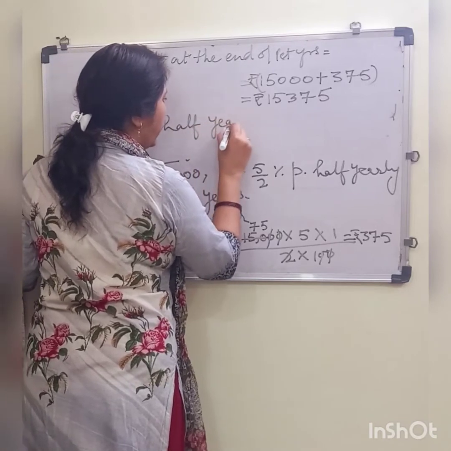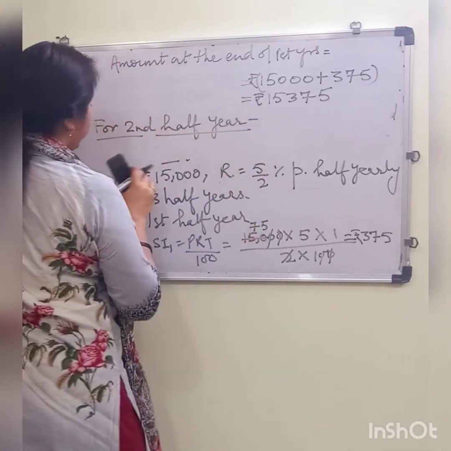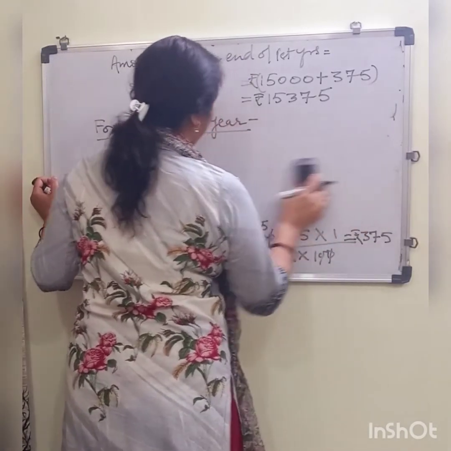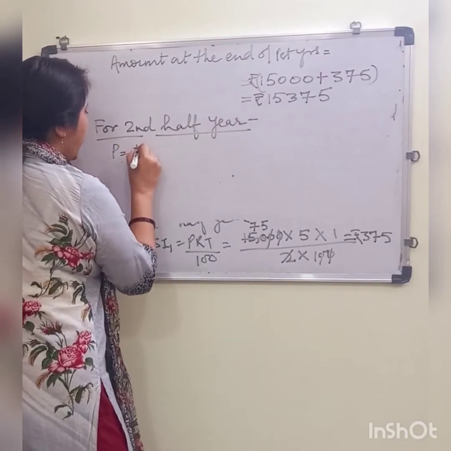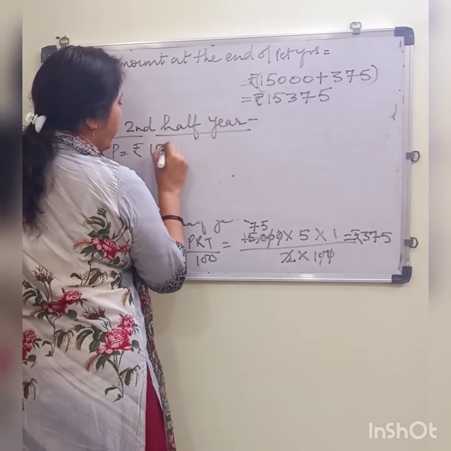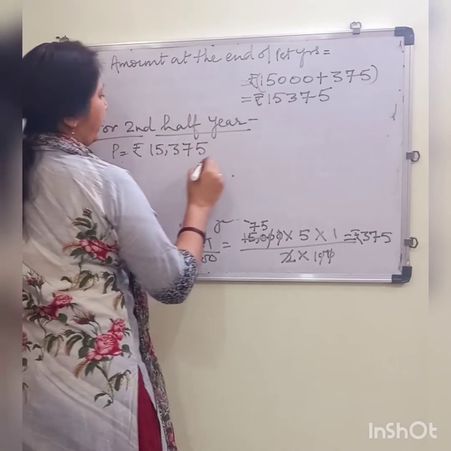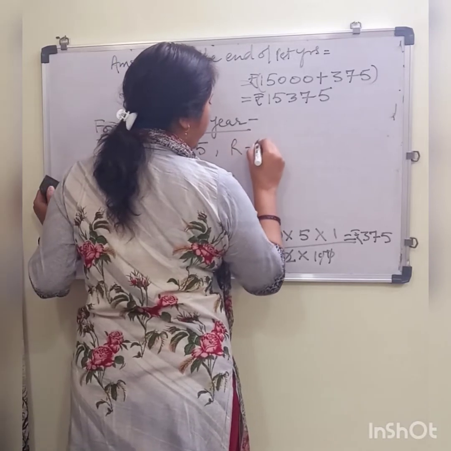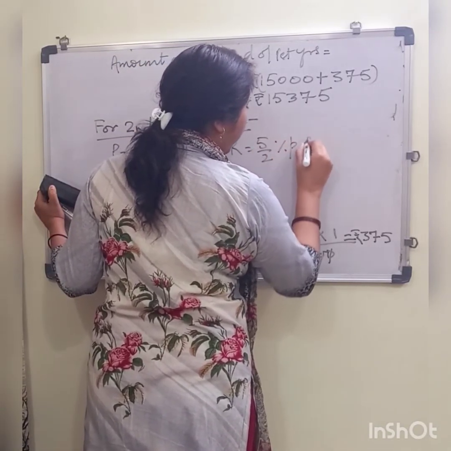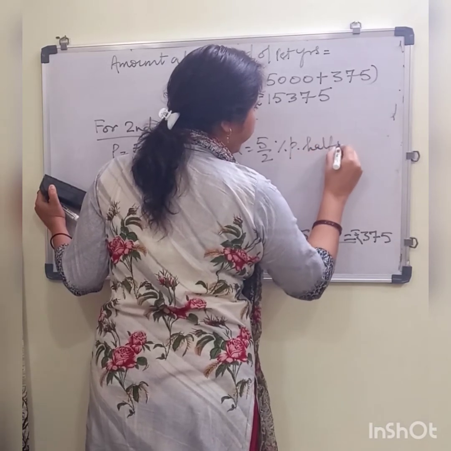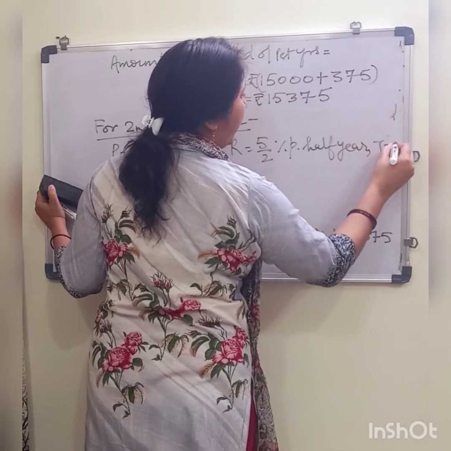दूसरे हाफ ईयर की तरफ चले. For the second half year, your principal will be rupees 15,375. Rate is same, 5/2% per half yearly. And time we put 1 only.